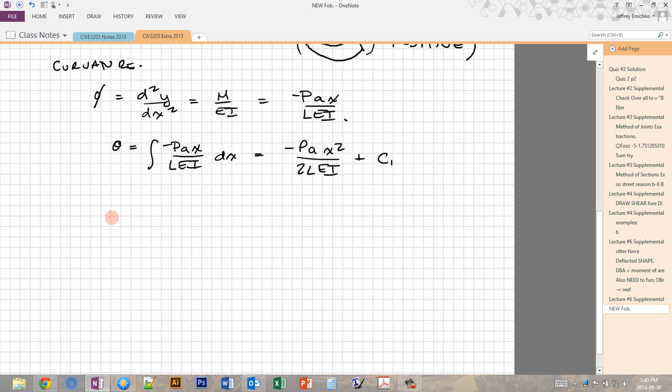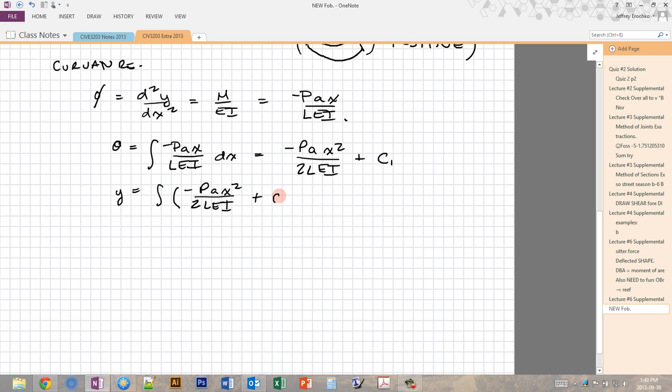So this is similar to the moment area theorem, where we need to find a reference tangent so that we have some reference value to compare against. But in this method, we find the constants of integration and we use the boundary conditions to evaluate them.